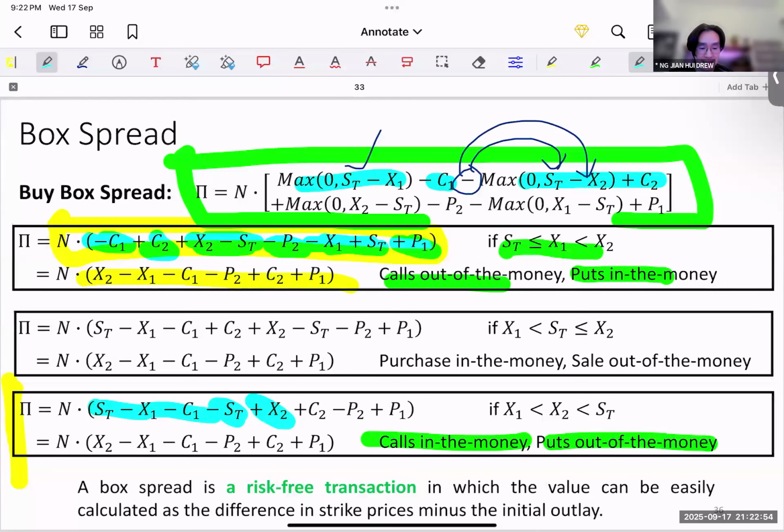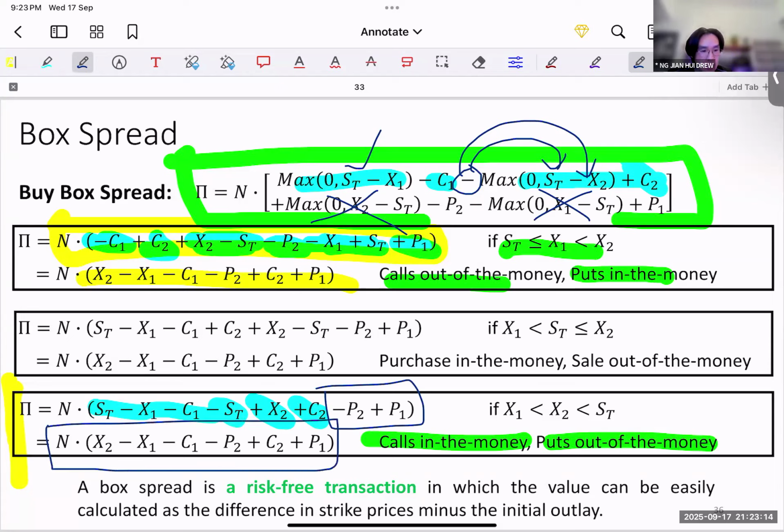So just be very careful on the negative sign. Plus C1 here, as given here, and then our put is going out of the money, so what we left is minus P2 plus P1 here. And then we simplify it and we get this value.